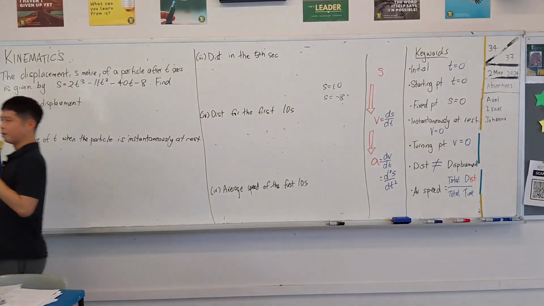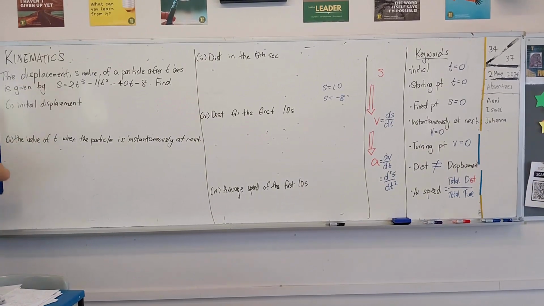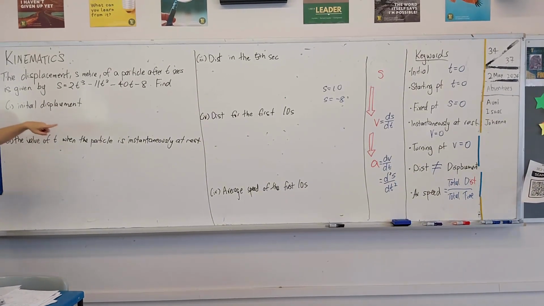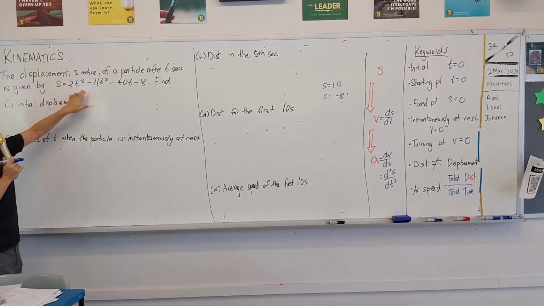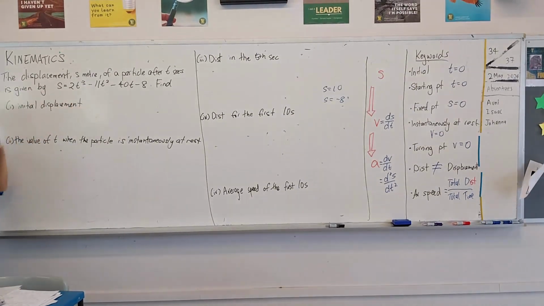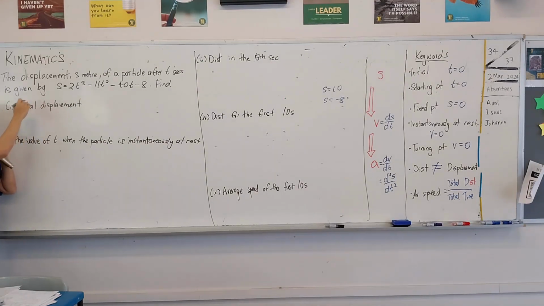Now, I have a particle. This topic is quite simple, really very simple. You just differentiate and integrate only. And then if you have the keywords in mind, you should be able to do it. So I have a displacement given by this equation. Find the initial displacement. How do I do that? The keyword is initial.